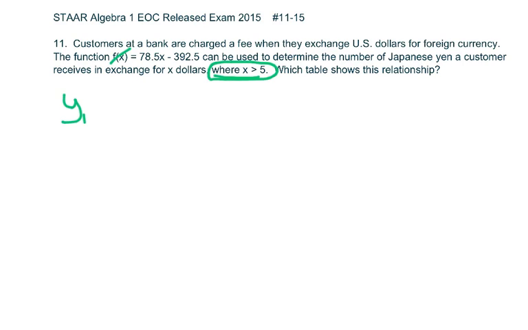So this is y sub 1 equals 78.5x minus 392.5. All it's saying is if you plug in 5 here and multiply, then y would equal 0. So if it's 5, it's 0. And they want you to look at the table that it's greater than that because that's just the starting point.